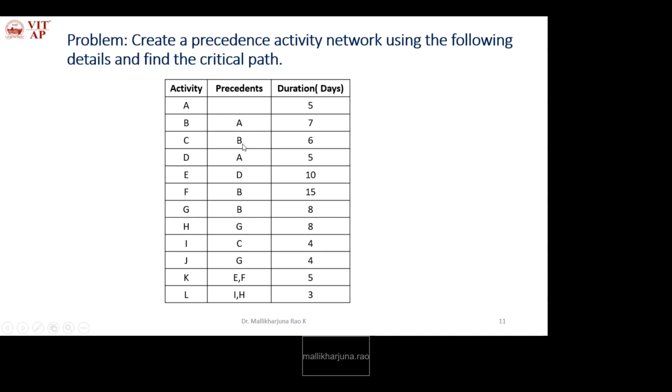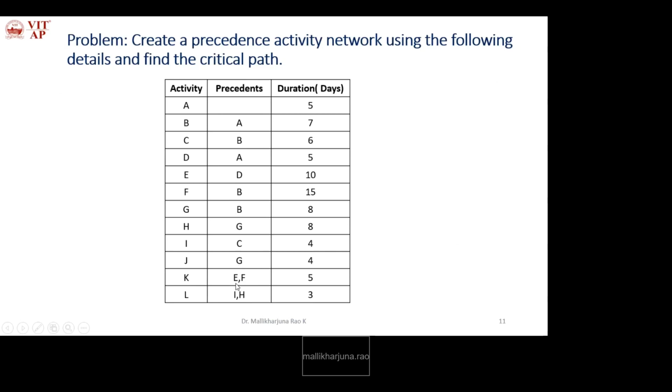If it ends along with another activity, for example take E and F. K starts after E and F. E starts after D. While representing E, we need to ensure whether E is the precedent for any other activities.